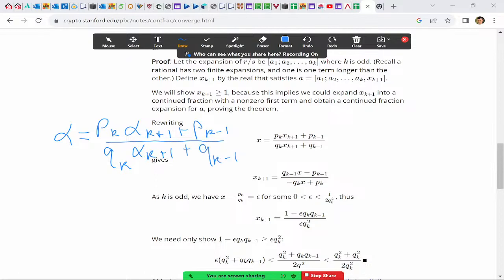So basically, it's the same as the recurrence. Remember the recurrence for the p's and q's? Except it's an abuse of notation. You put the alpha instead. You're thinking of it as a finite thing, but then it's not an integer anymore. But it still works.